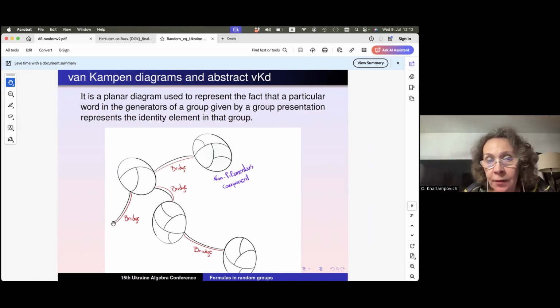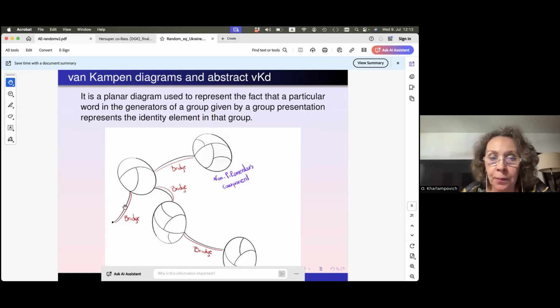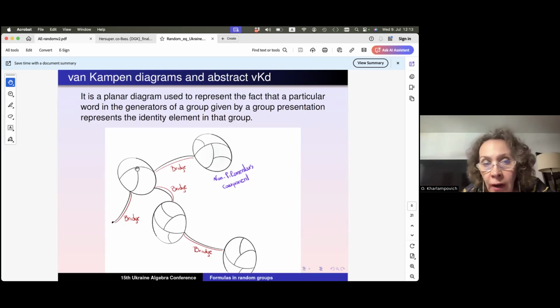The Van Kampen lemma states that a word is equal to 1 if and only if there is a Van Kampen diagram such that we can read our word on the boundary of this diagram. Faces of the diagram should be labeled by the relations of the group.